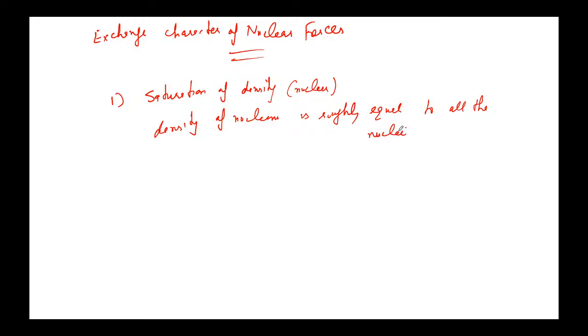So whether we are talking about a two-body problem or a multi-body problem, we have considered that the nucleons present in the deuteron, or the nucleons present in a high atomic number nucleus, have almost the same density. That is, saturation of density occurs.